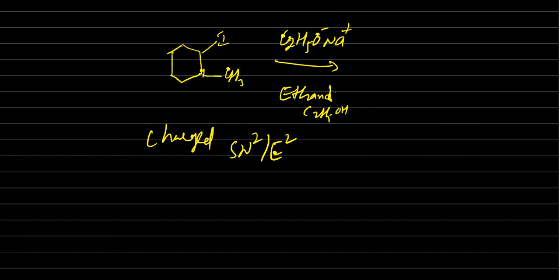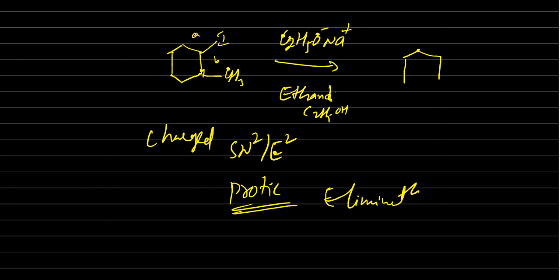Now, is it protic or aprotic? It is protic. Protic means it undergoes elimination. Elimination is possible at the alpha and beta positions. Obviously the more substituted alkene is more stable, that's why your product is like this. Here a methyl will be there. So it is the E2 mechanism.